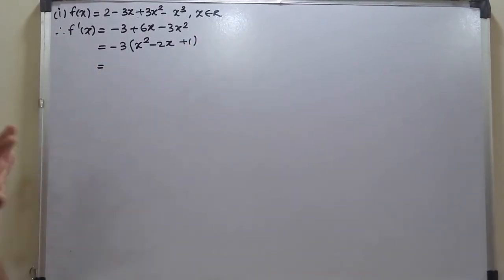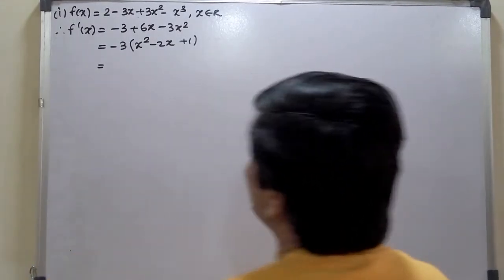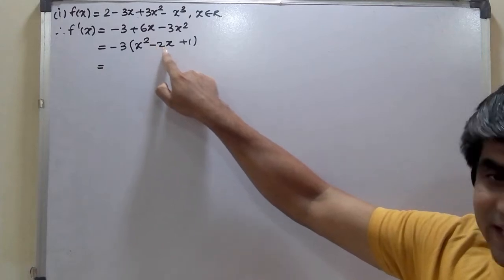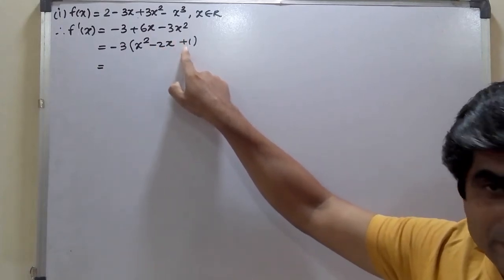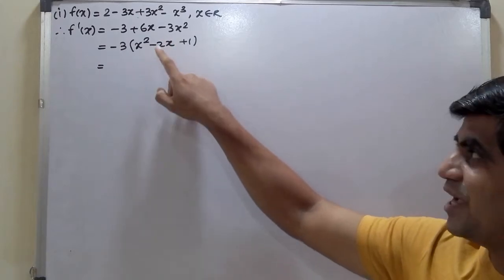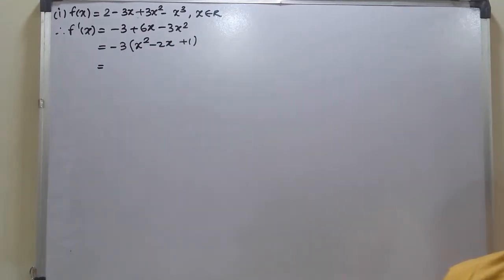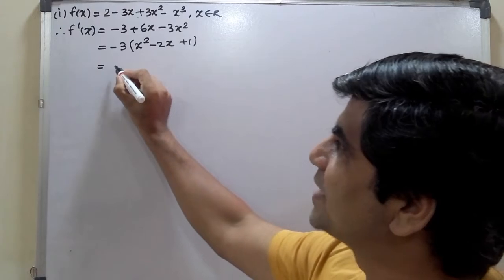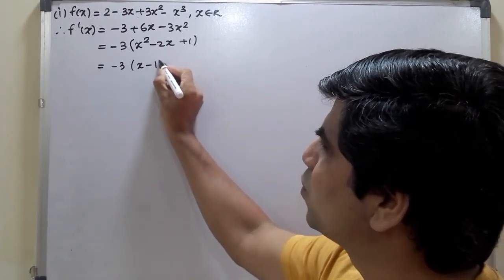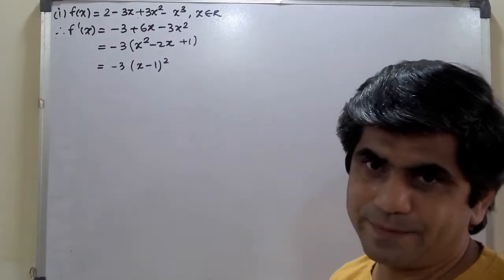If you see it carefully, this is x square minus 2x plus 1, which is the expansion of x minus 1 the whole square. So I get minus 3 into x minus 1 the whole square.